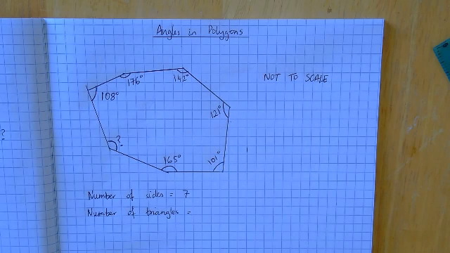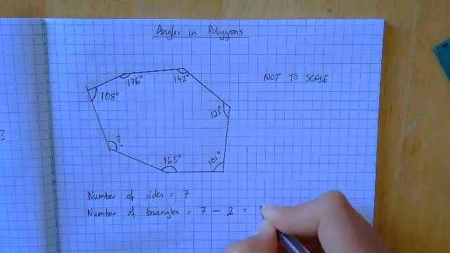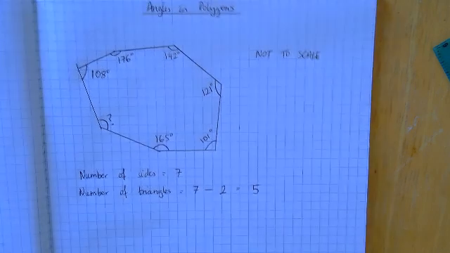But we said that you don't actually need to do that because it will always be your number of sides take away 2. So we can get 5 triangles. So it's always the number of sides take away 2. That gives you the number of triangles.